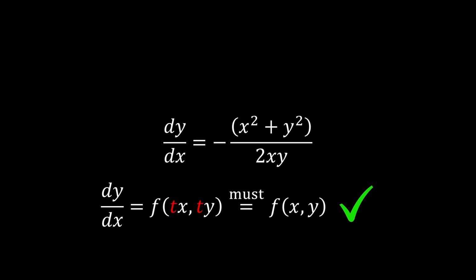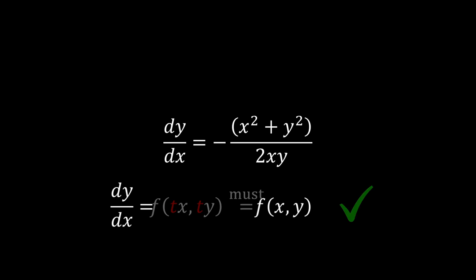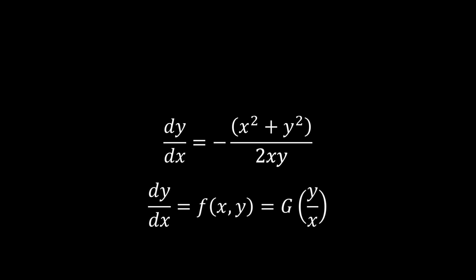Now, what is the advantage of dealing with a homogeneous differential equation? Well, for a homogeneous equation, dy/dx can be manipulated and expressed as a new function g that is only a function of the ratio y over x and no other standalone x's or y's. Because we already know that our equation is homogeneous, we should be able to rearrange the right-hand side and write it only as a function of the ratio y over x.